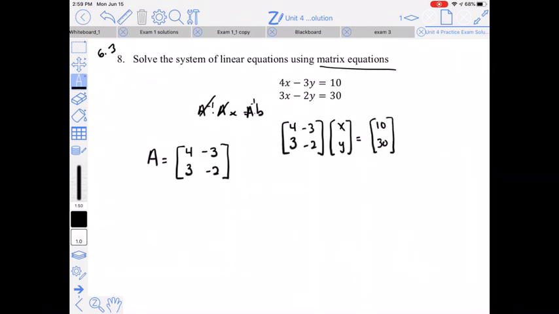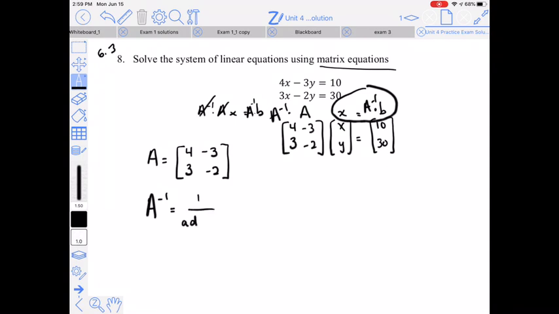So we have matrix A, we have matrix X, and we have matrix B. So what we need to do is multiply by the inverse here and multiply by the inverse here. And really this is what we're showing: A inverse times B is equal to x and y. So first order of business is to find the inverse of A.